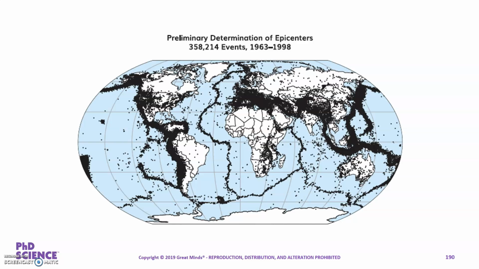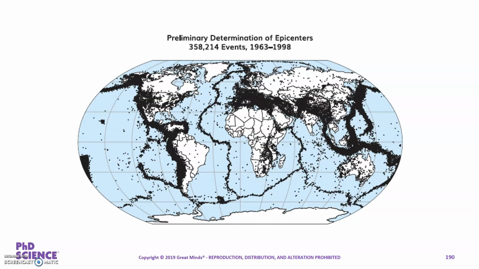If there was an earthquake, then there is a black dot there on the map. The title of this map tells us that there were 358,214 earthquakes in that time period. So take a minute to look at this and see what patterns you notice about the location of all these earthquakes.